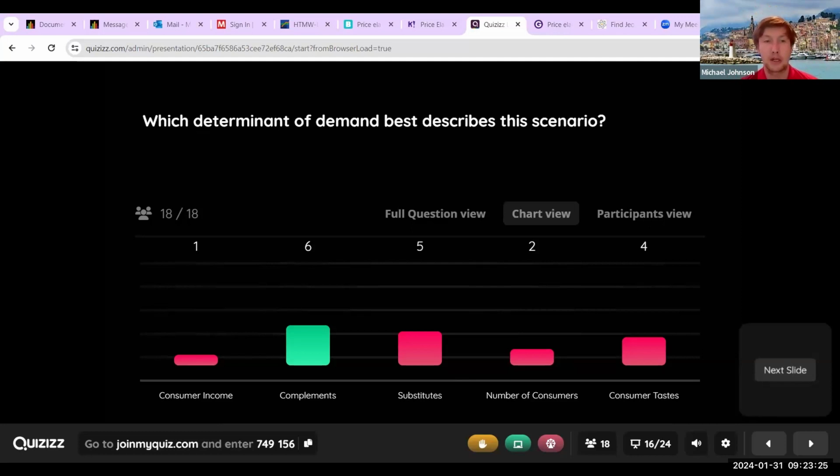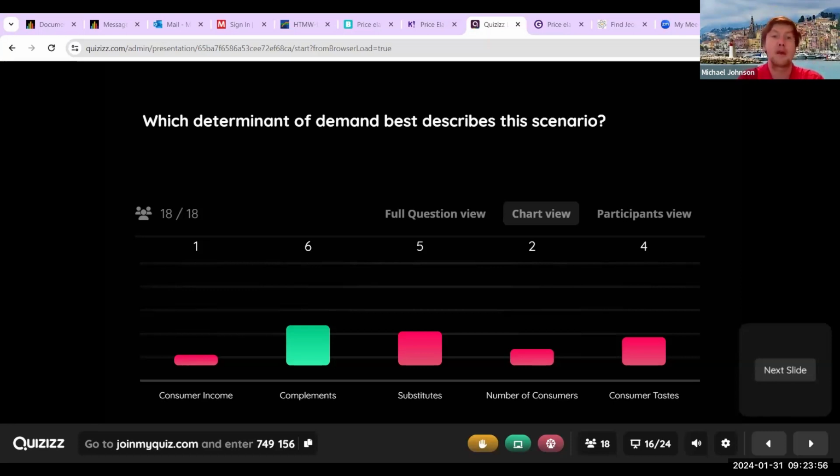You can't just buy a toothbrush. You can't just buy toothpaste. You need both for it to work. So that's a complement. So complements are bought or used together. Coffee and donut, exactly. So if the price of one complement goes up, people buy less of them together because they usually buy both together.